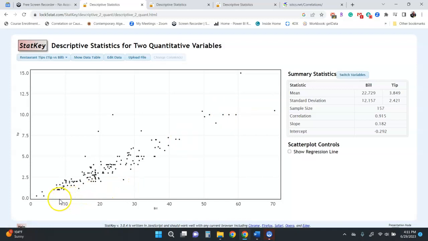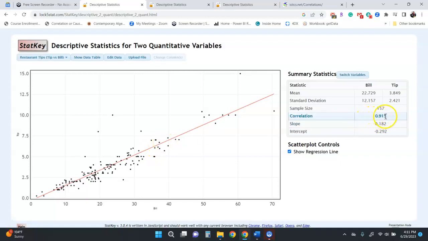So notice that these are going in an upright direction, so the correlation value is positive. And they're close to what we call the regression line, or line of best fit. If I show this line here, you will see that the points generally are pretty close to this particular line.